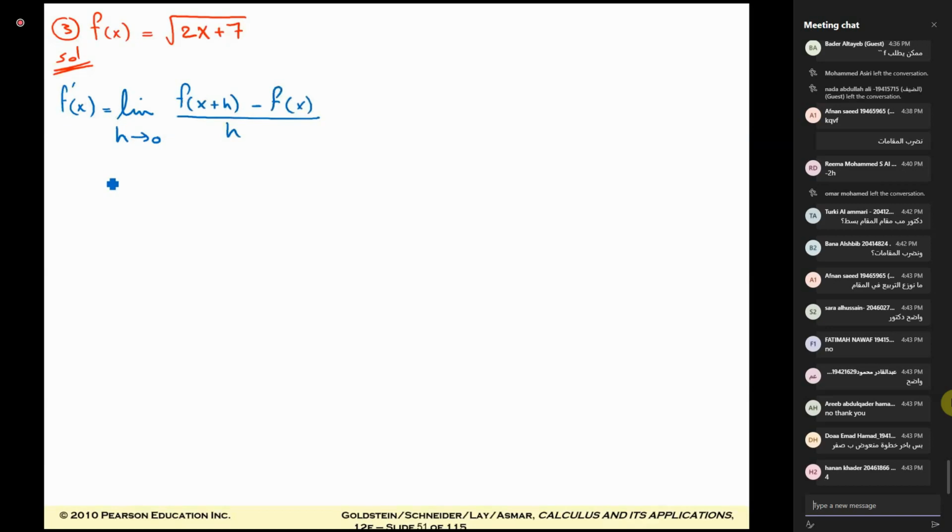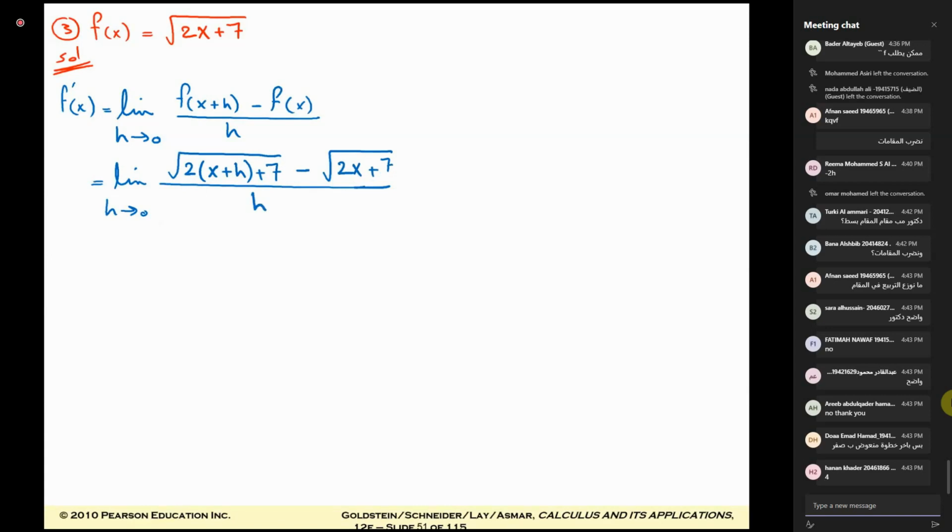Now this equals limit h goes to 0 of radical, the first function, replace x with x plus h, so radical 2 times x plus h plus 7 minus f of x, radical 2x plus 7, over h.